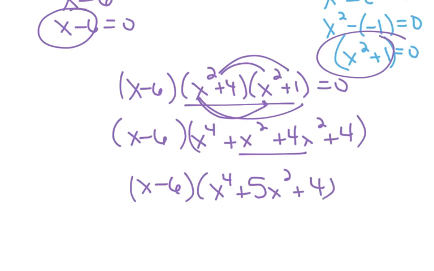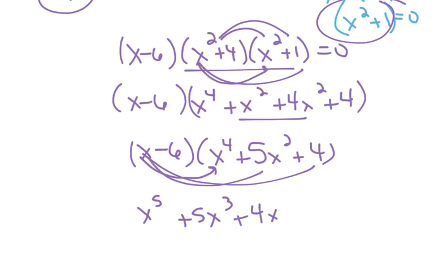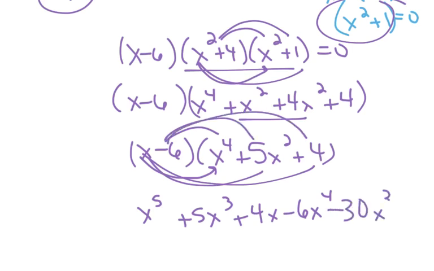Now I have to distribute one more time because I still have that x minus 6. I get x to the 5th plus 5x cubed plus 4x minus 6x to the 4th minus 30x squared minus 24.